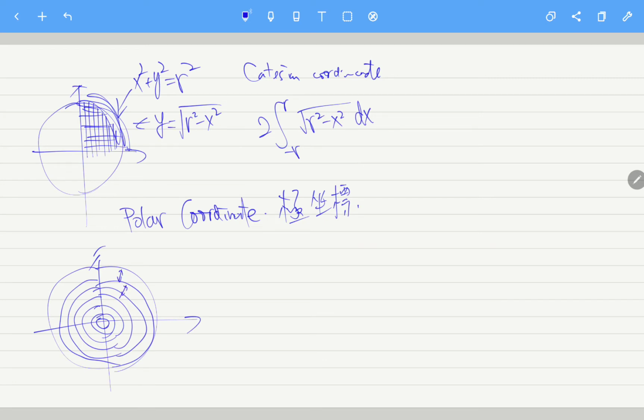Each one is a ring with a different radius, and these rings construct a whole disk, something like that. Since we already know how to find the E field generated by a ring, we don't really need to further cut this one.